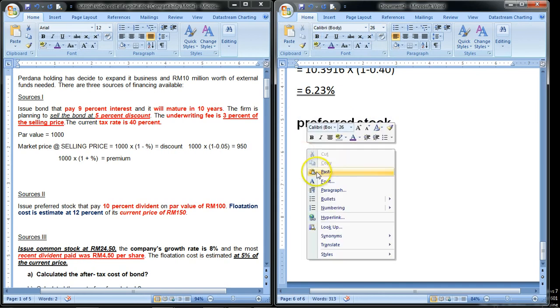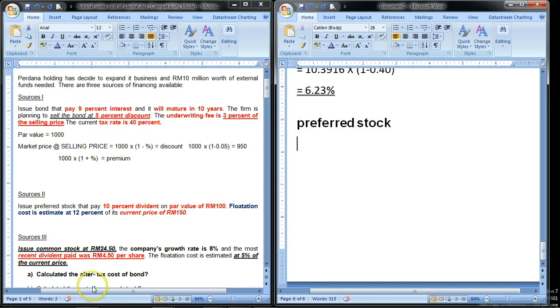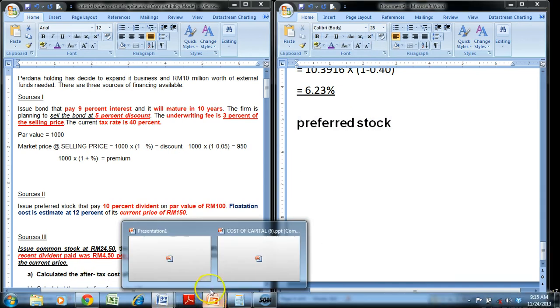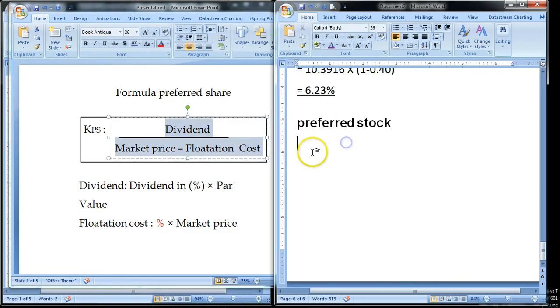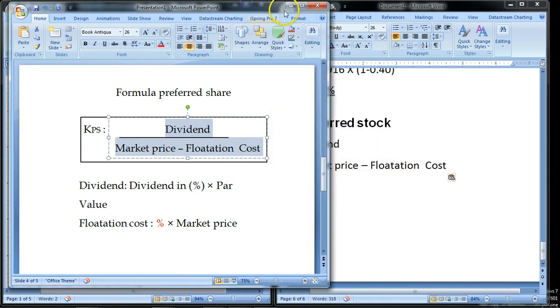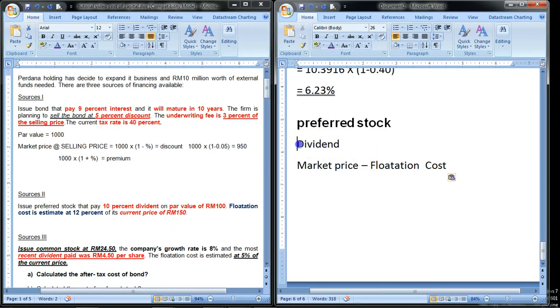So what is the formula, class? The formula here is dividend divided by market price minus flotation cost. Okay, so what information do we need?